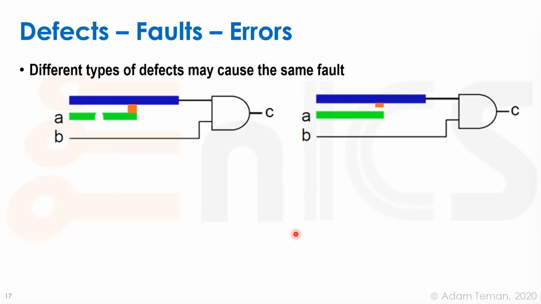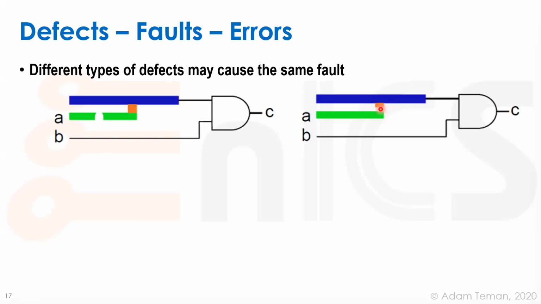So just some interesting things, like different types of defects can cause the same fault. On the left here, we see the same circuit, right? In one of the places we have an open circuit over here on this piece of a horizontal line, and it causes some sort of a fault. But here we have an open circuit on the red on the vertical line.